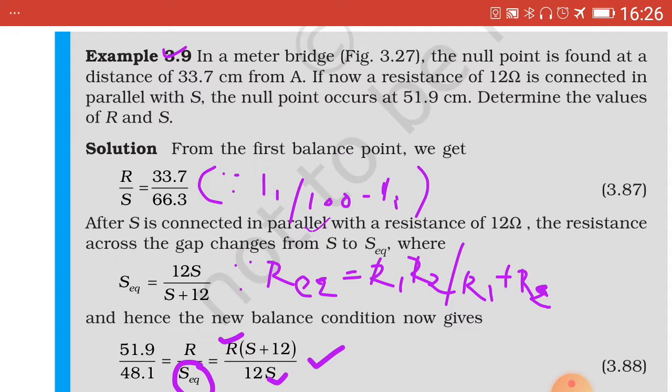Now after S is connected in parallel with a resistance of 12 ohms given in the data, S changes to S equivalent, SEQ, where SEQ equal to 12S upon S plus 12. Why?